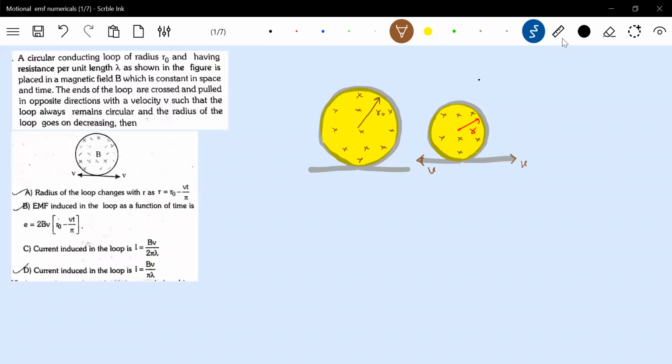How to calculate the radius? I think it's purely based on mathematics. You can check it. The ends are pulled with a velocity v. These ends are pulled with a velocity v. I want an expression for the radius. So this is the thing.